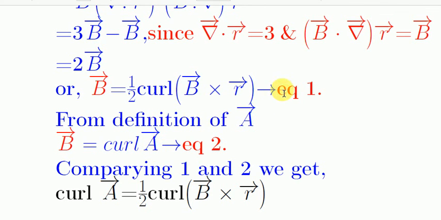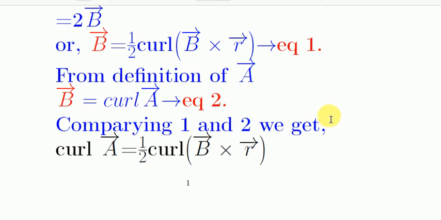Now if we see equation 1 and equation 2, the left hand sides are the same, that is, both are the B vector. So we can say the right hand sides of these two equations must be equal.